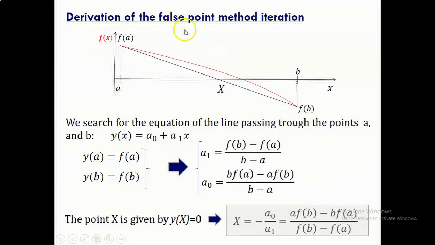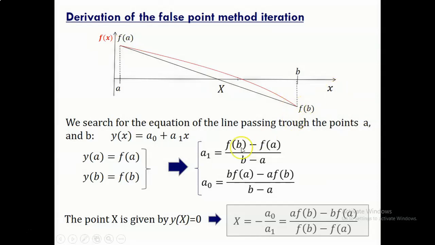Okay. Now we will derive the iteration for the false position method. So what we are looking for is the expression for the point capital X here, as a function of a and b.